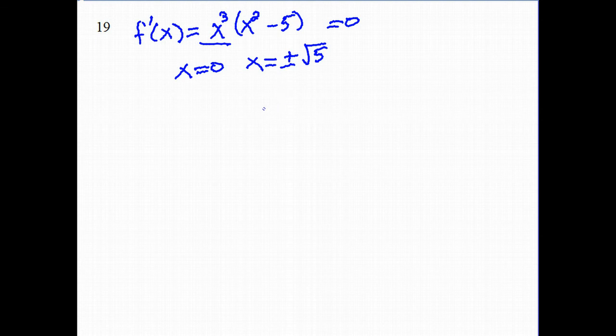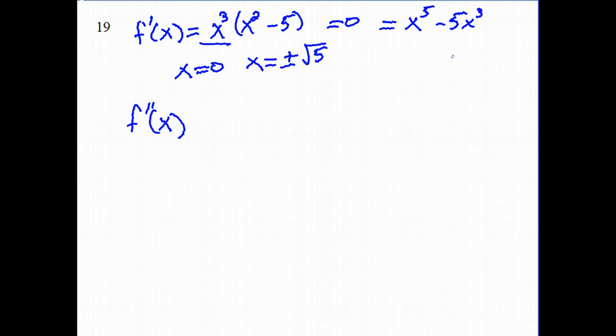Now, in order to find whether they're maximums or minimums, we need to find f double prime. So I'm actually going to rewrite this function to say that it's x to the 5th minus 5x cubed. Now, why am I doing that?